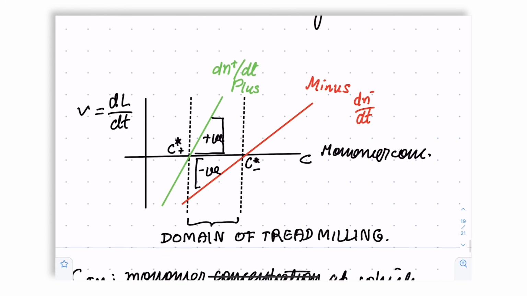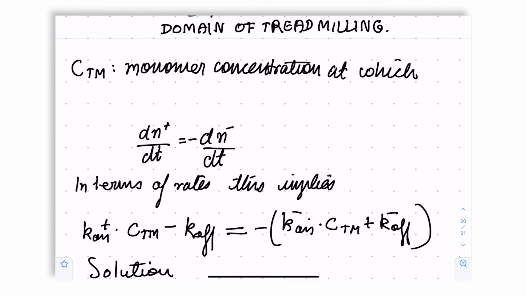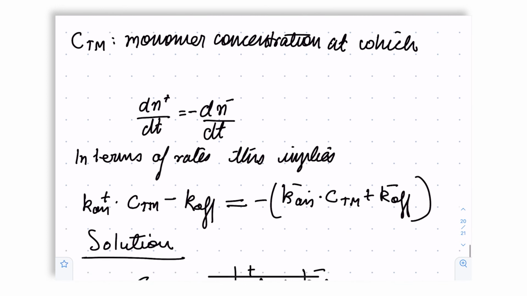And in that case, there are two C star values. There is now a critical concentration for plus end and a critical concentration for minus end, and these have a domain in between, which we call the domain of treadmilling. That concentration is the monomer concentration at which Dn plus, that is to say, there's growth at one end and shrinkage at the other end, and they are equal but opposite in sign.